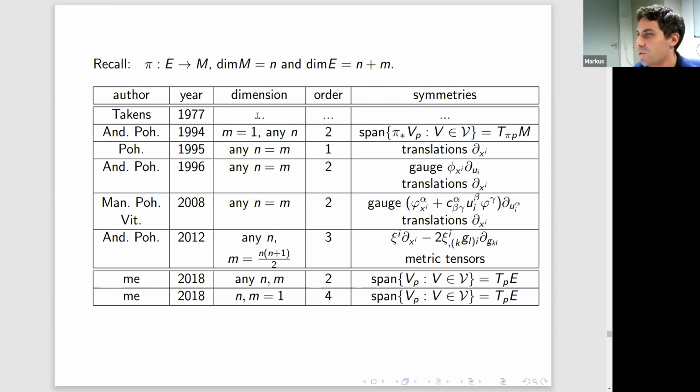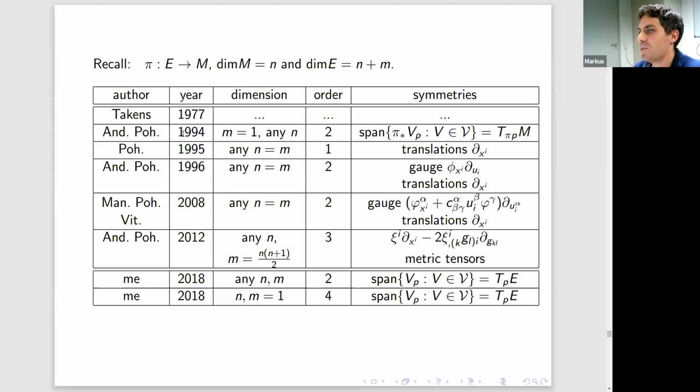And he has also proven 3 different theorems. That's why I didn't write it out here in this table. And then Ian Anderson from United States and Juha Pohjanpelto, also from United States, have made a whole project out of this Tarkins paper, and they have proven different theorems with different assumptions.